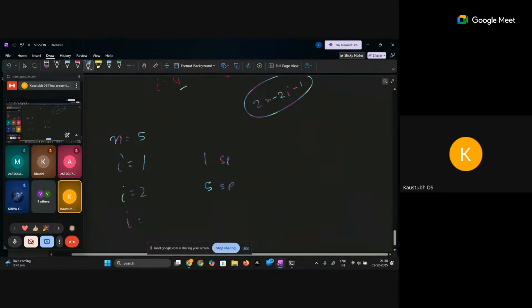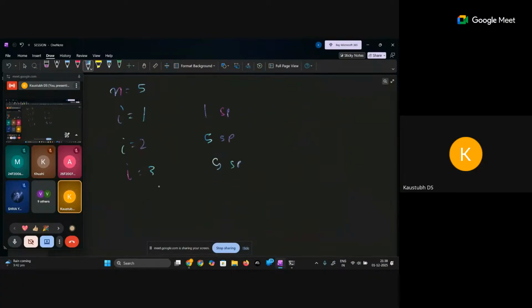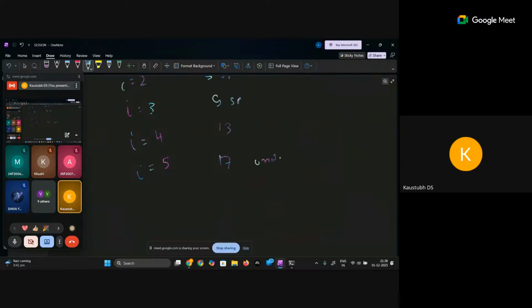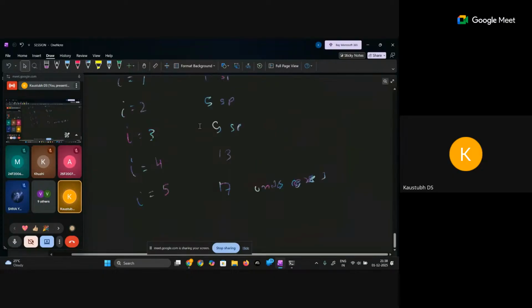At I equals 3, we have 9 spaces. And at I equals 4, we have 13 spaces. And at I equals 5, we have 17 underscores, right? That is what happened, right?